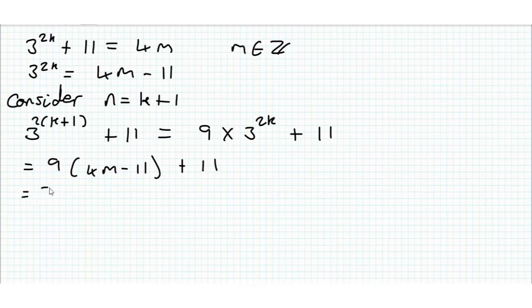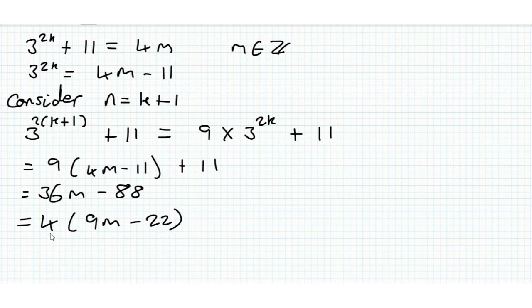This is equal to 36m minus 99 plus 11, so that's minus 88. That's equal to 4 multiplied by (9m minus 22), and seeing as we're multiplying by 4 here, all of this must be divisible by 4, because dividing by 4 just gives us 9m minus 22, and m's an integer, so all of that's an integer.